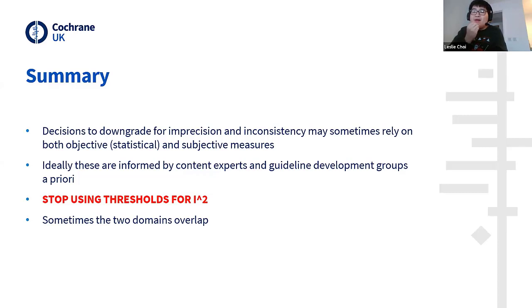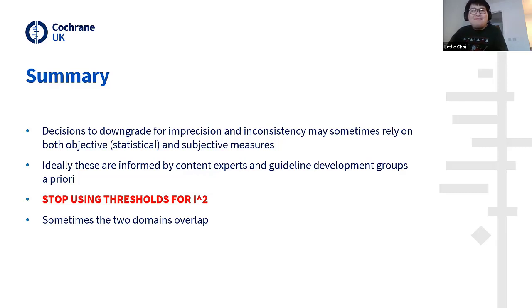So talking about what we define as clinically important results when we're looking at imprecision, and looking at the type of heterogeneity you have when we're considering inconsistency. Ideally, some of these are informed by content experts and guideline development groups, but we don't always have that luxury. And the main one, stop using thresholds for I-squared to inform your inconsistency decisions.